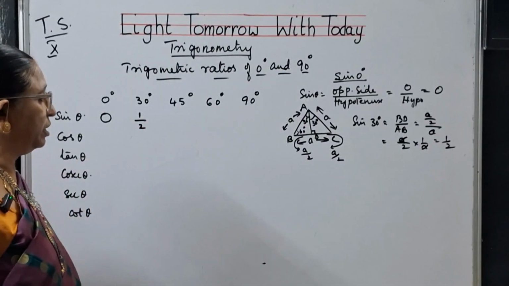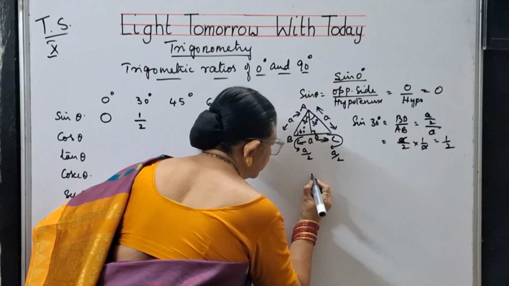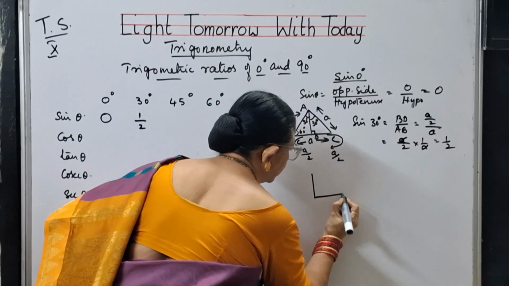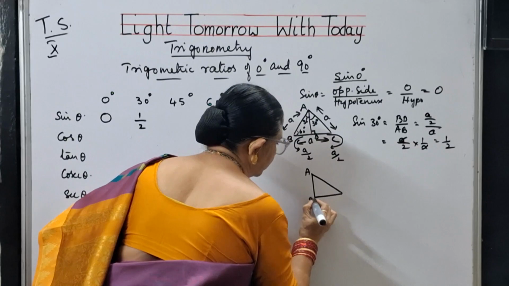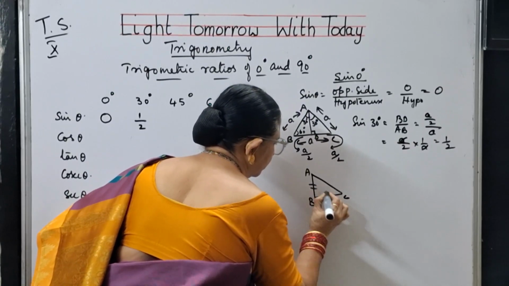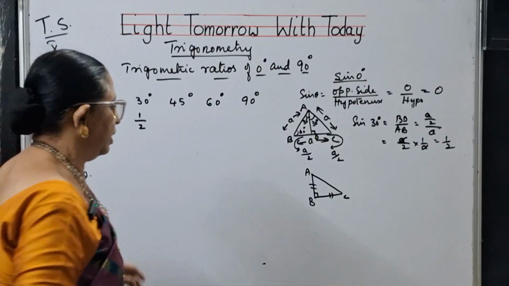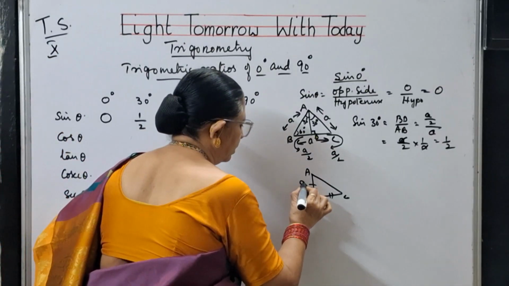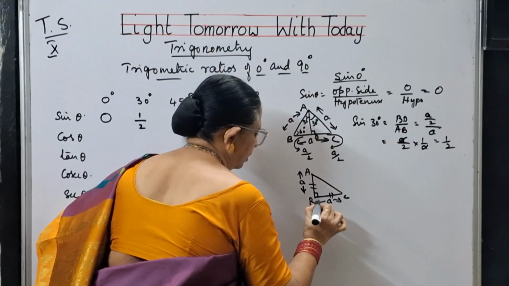Now 45 degrees. How will you see 45 degrees? For 45 degrees, you have to take a right angled isosceles triangle. So this is a right angled isosceles triangle, in which this side is a unit and this side is a unit.